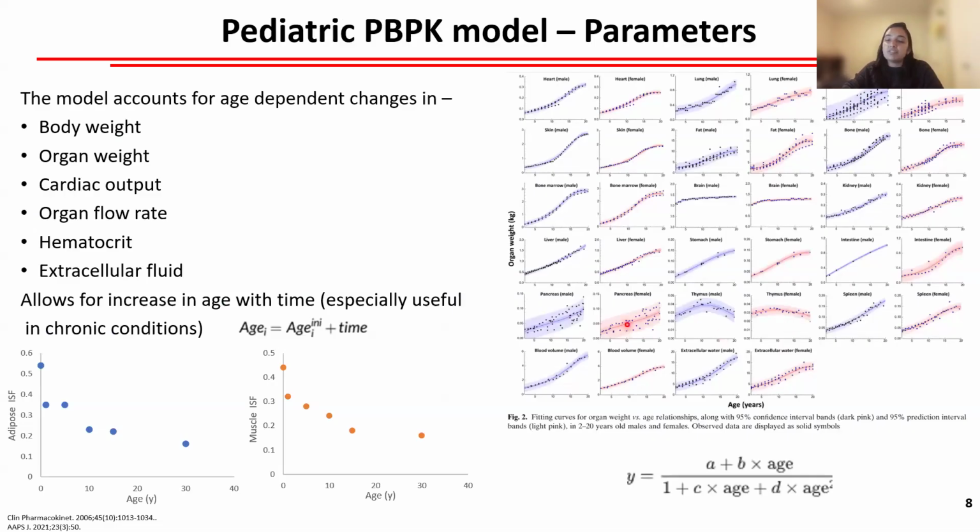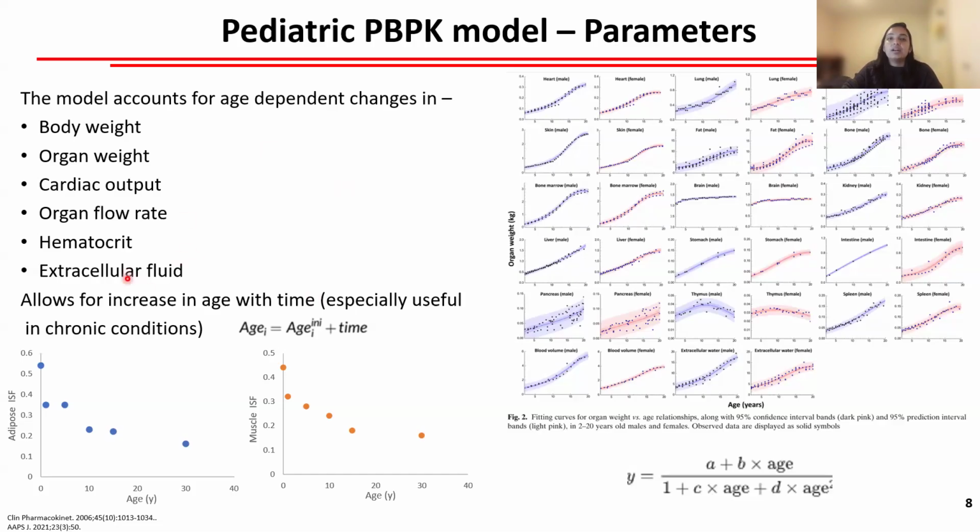Now, since pediatric physiology is very dynamic with age dependent changes in various parameters like body weight, organ weight, cardiac output, organ flow rate, hematocrit, and extracellular fluid, these changes were explicitly incorporated into the model.